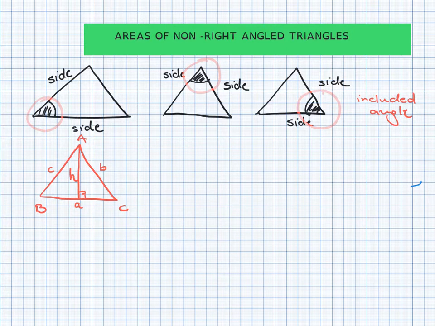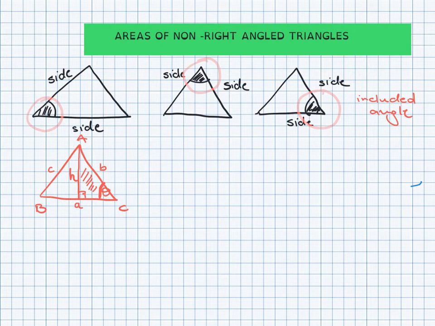Now, we don't know how to find the area of a non-right angled triangle, but what we know is that on this side here we now have a right angled triangle, and we have this angle opposite the height, so let's call this angle theta.